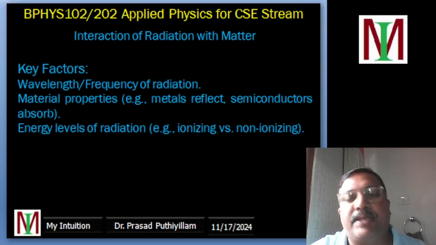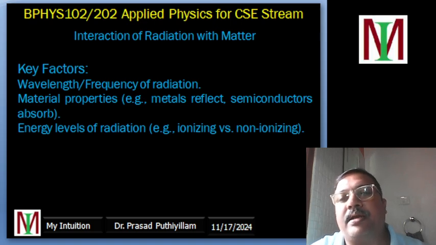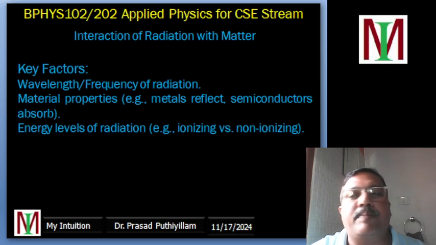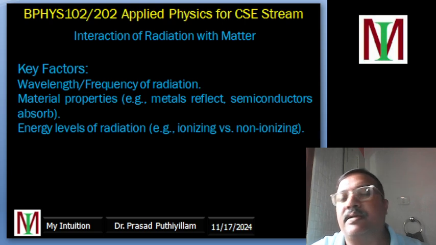Then comes the nature of the material, or the material properties. Different materials react to radiation in different ways. For example, metals are good conductors, and they tend to reflect most electromagnetic radiation, while insulating materials might absorb more radiation.